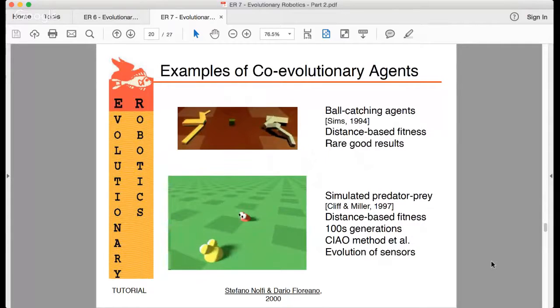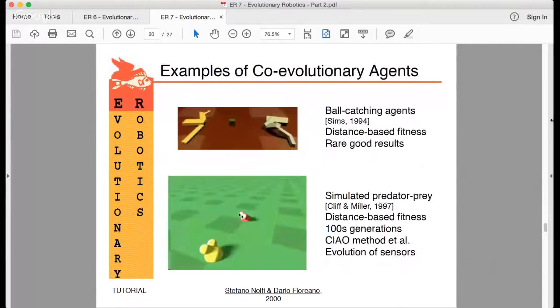So here we have some examples of coevolutionary agents. You can see the ball catching agents in the top part. And in the second part, you can see a simulated predator-prey game. Yeah, we always agree, 90% agreements all the time. You're absolutely right.